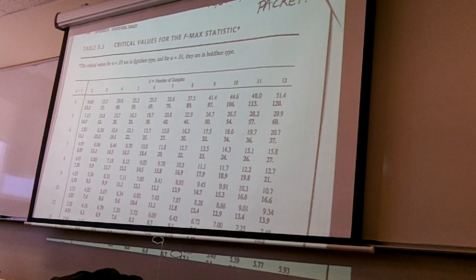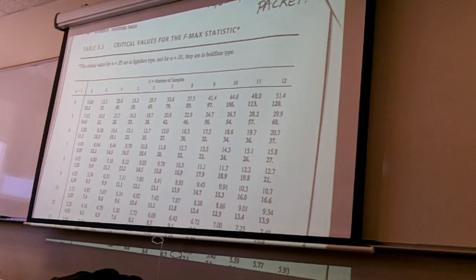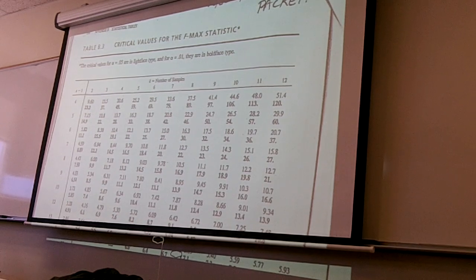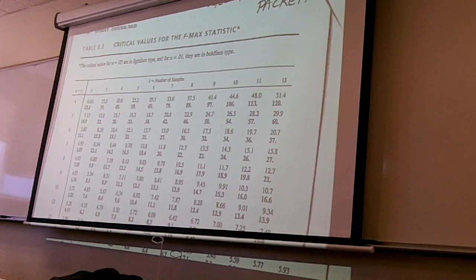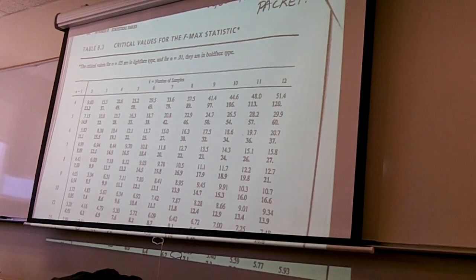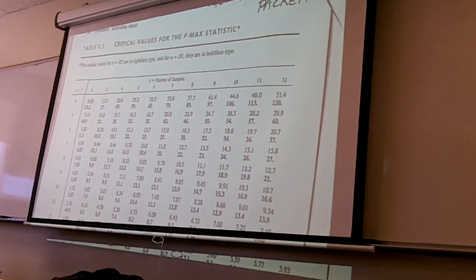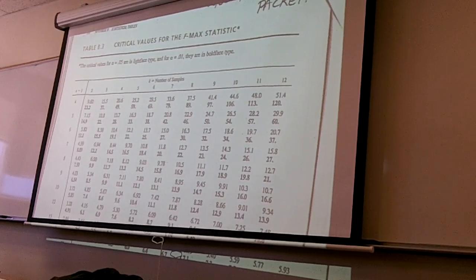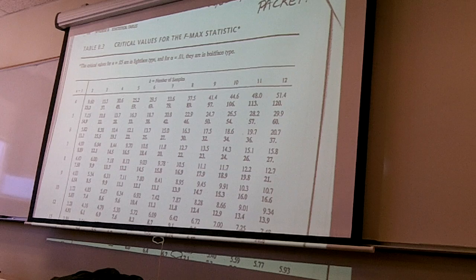So what do we need to know to look up a critical value for Fmax? We need to know n minus 1. That sounds like degrees of freedom of some kind. We have to know k, which is the number of samples. And we have to know alpha.